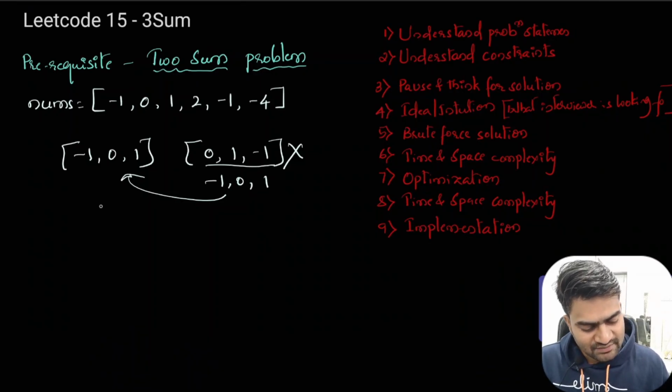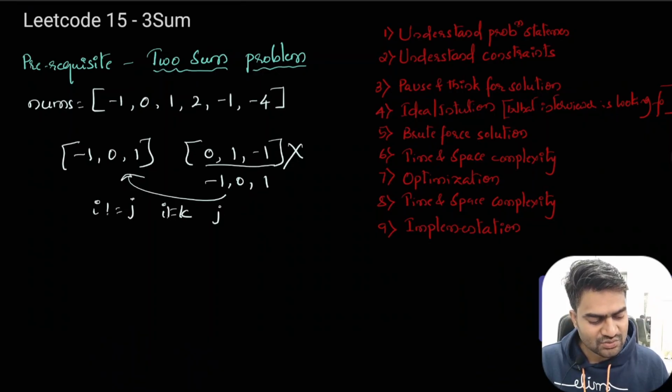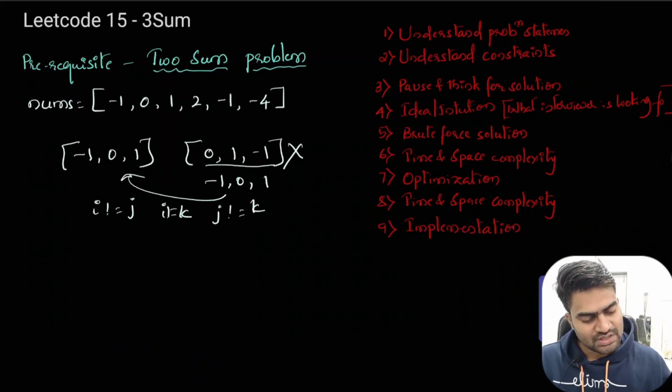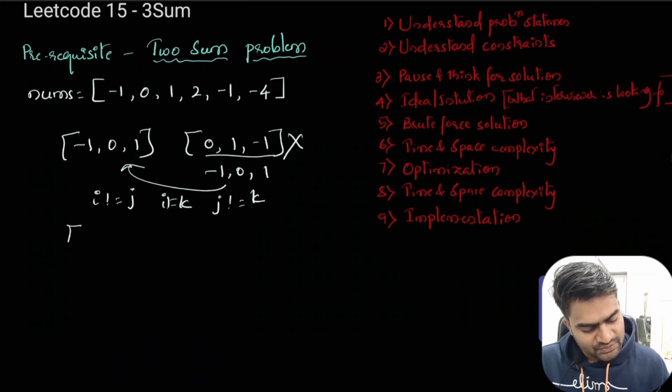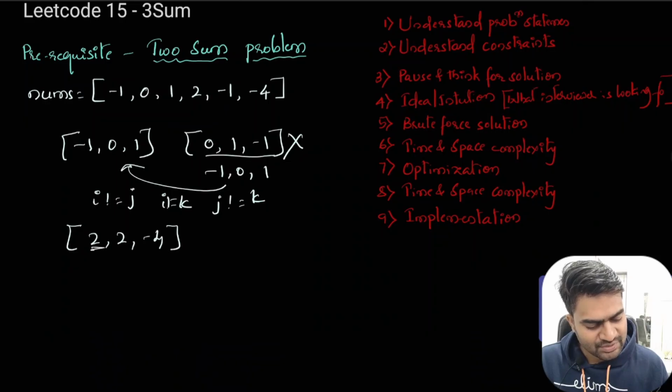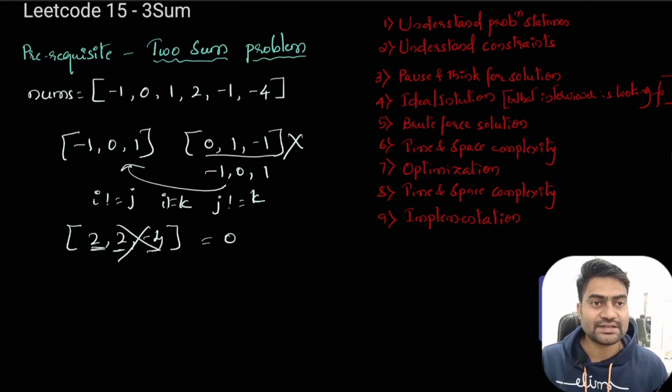Also they have given that i should not be equal to j, i should not be equal to k, and j should not be equal to k. What does it mean? In the array, if you take 2, 2, minus 4, we are repeating 2 twice. This will also give us 0, but this is not a correct triplet, because we should not repeat any number.